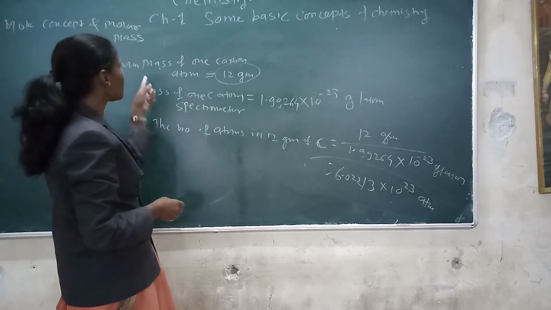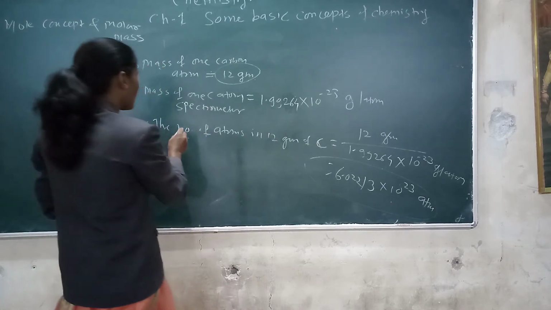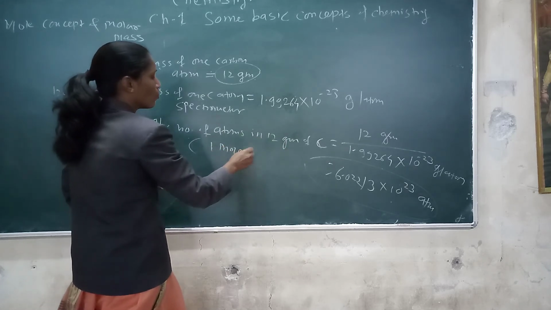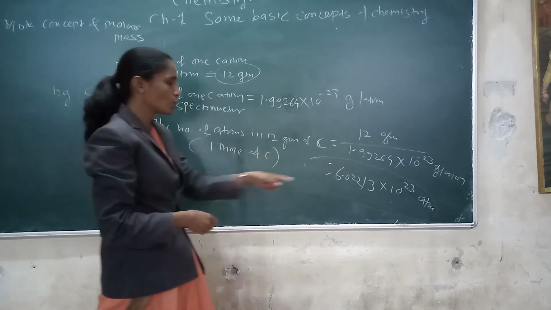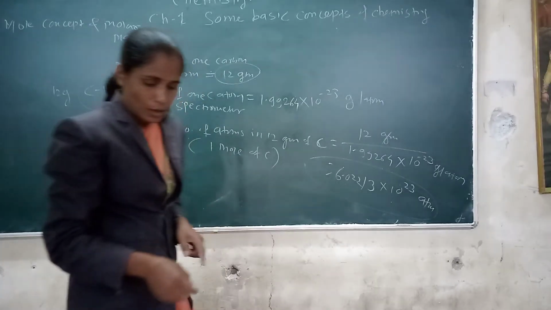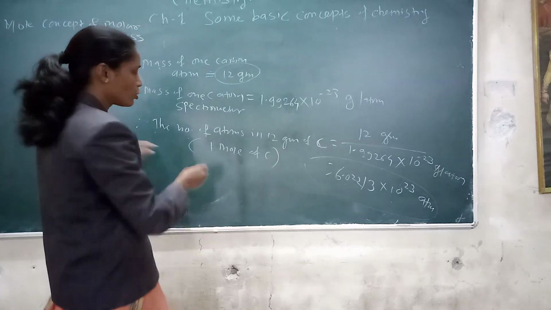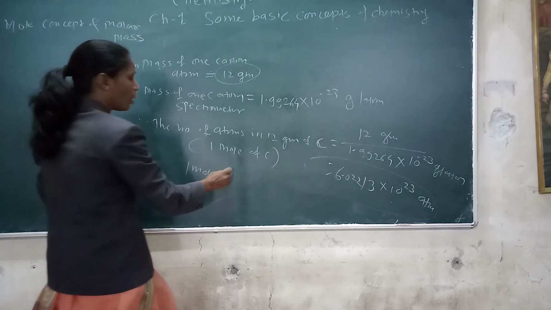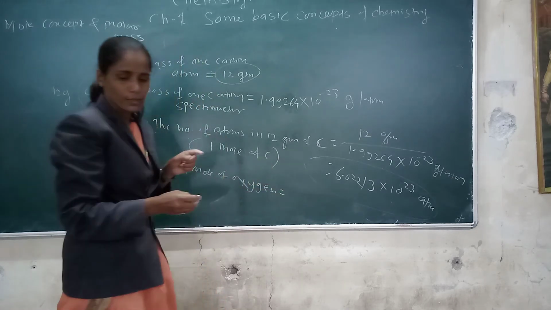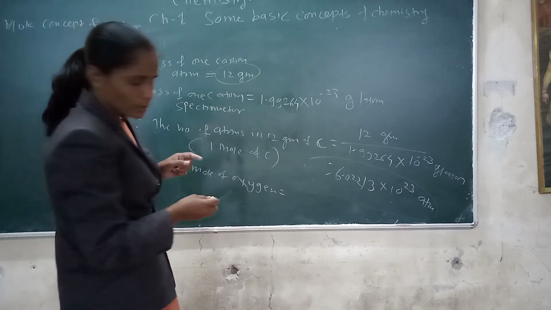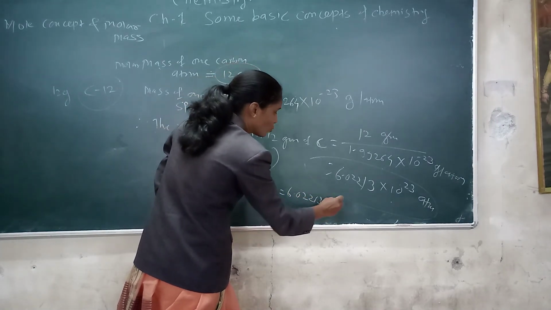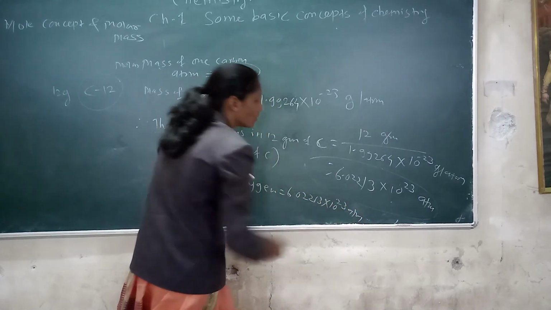For example, 1 mole of carbon, the number of carbon atoms in 12 gram, shows Avogadro's number of atoms, and 1 mole of oxygen also shows the same number, 6.02213 into 10 raised to 23 atoms.